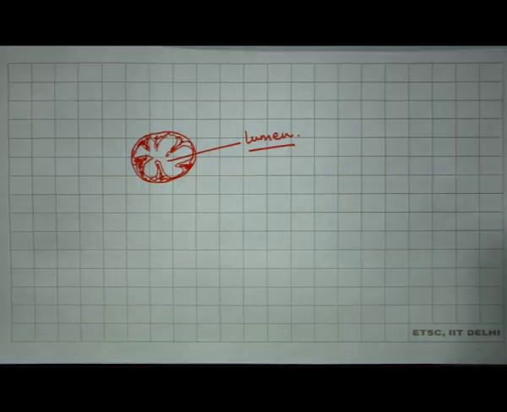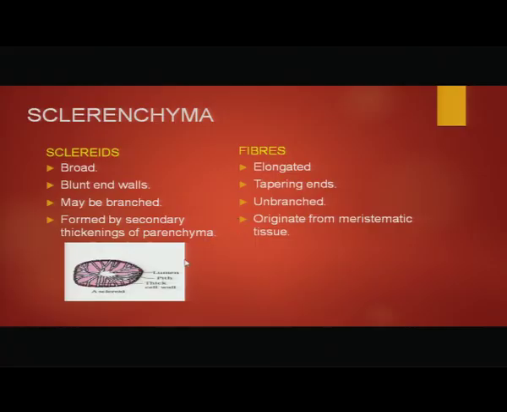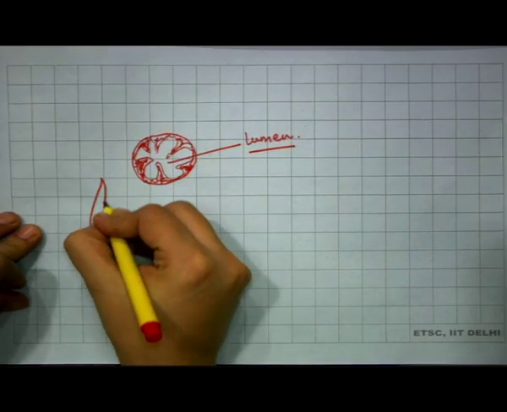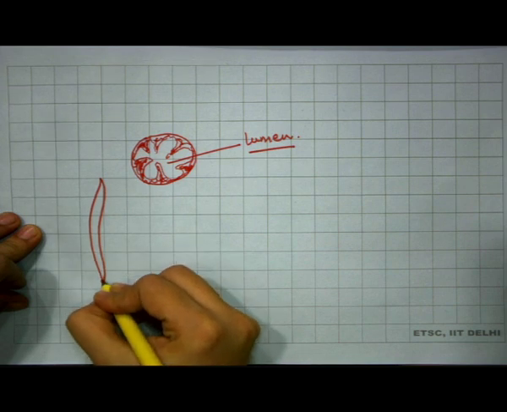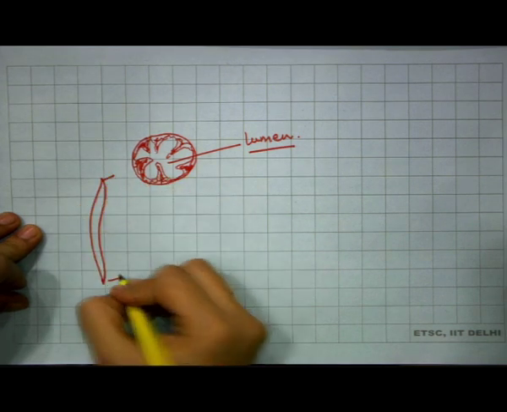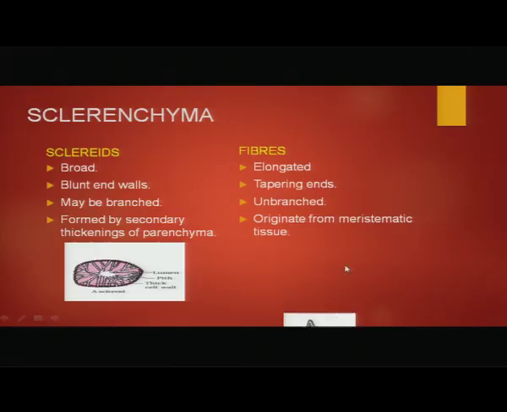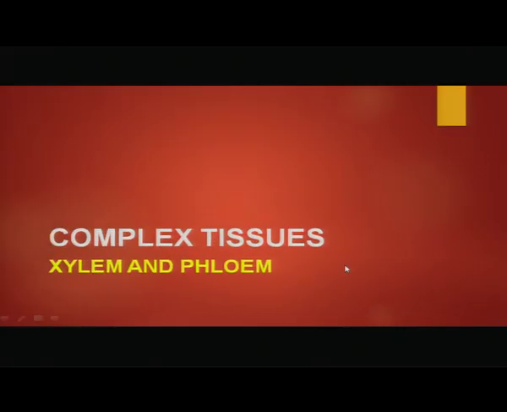On the other hand, fibers are elongated and they have tapering ends. If I have to draw a fiber, I will draw it like this. So, these are the tapering ends, and they are unbranched and they originate from the meristematic tissue. This was all about the simple permanent tissues.